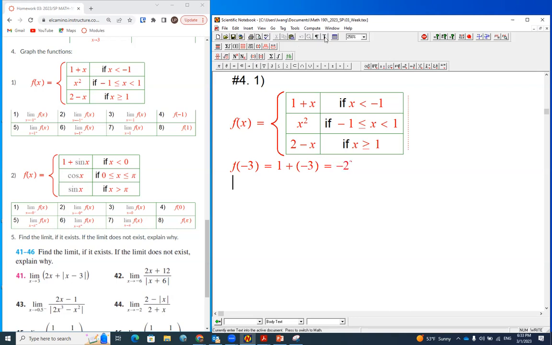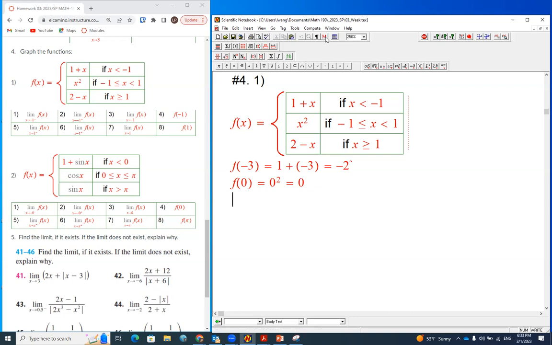If I want to evaluate f of, say, 0, which rule do I use? Well, 0 is between -1 and +1. So I'm going to use the rule in the middle, x squared. 0 squared is 0.